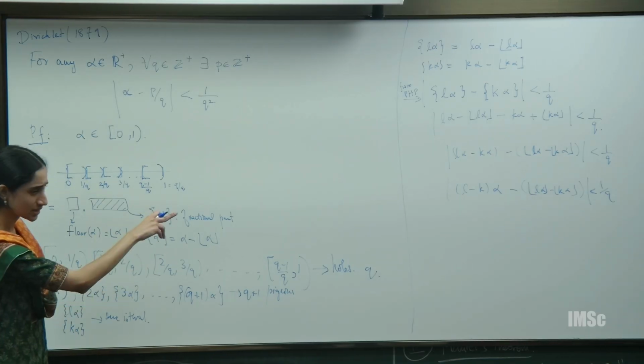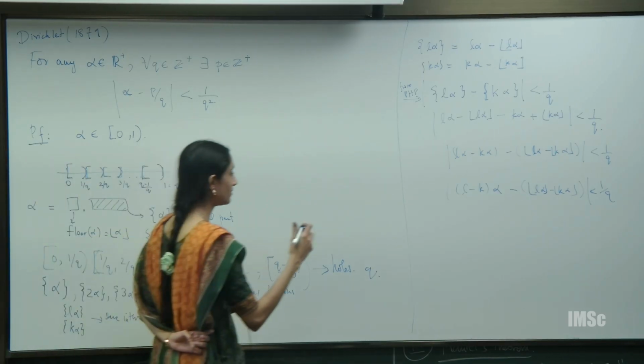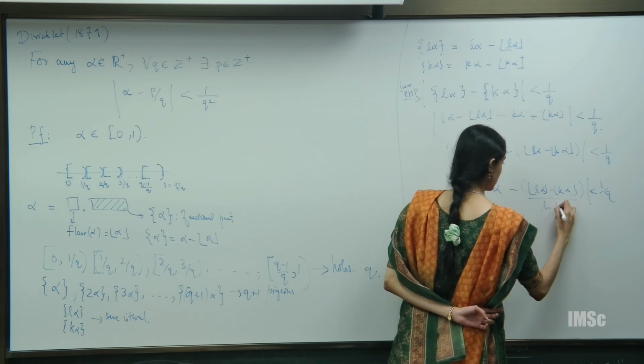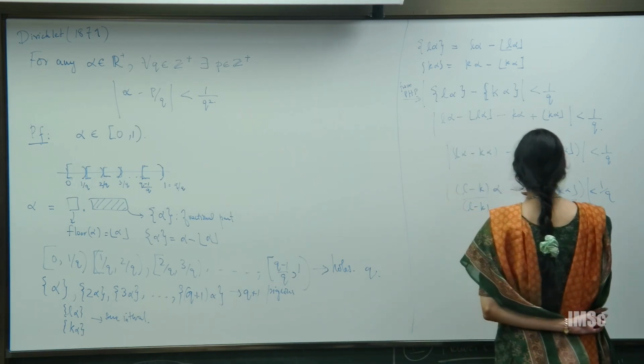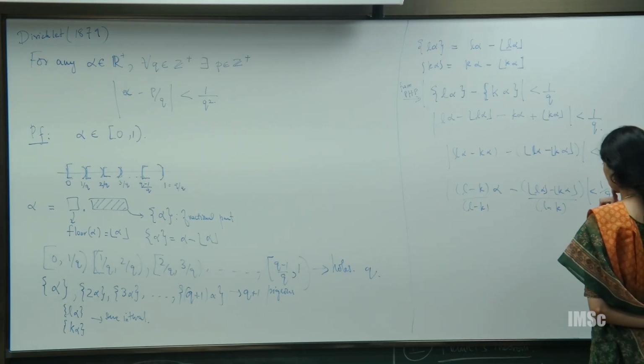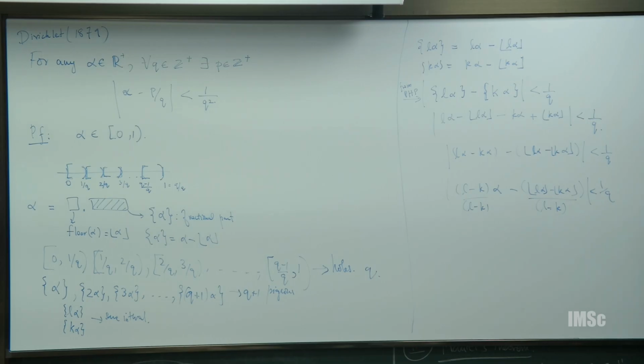It's already in that representation almost. So maybe I will divide by L minus K. Q, is that okay? So now what is P, what is Q? You will have to divide.